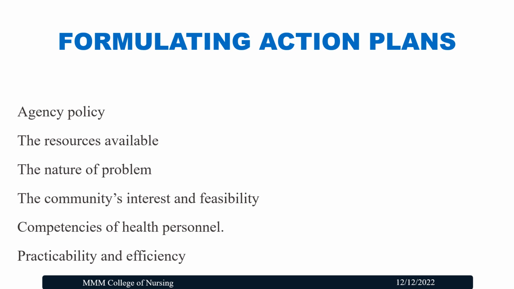The fourth is community interest and feasibility. The fifth is that we always need good health personnel who have good competencies in doing health services. And the last one is practicability and efficiency.